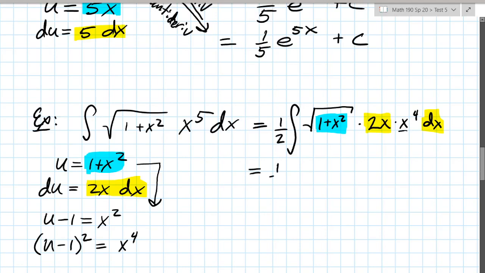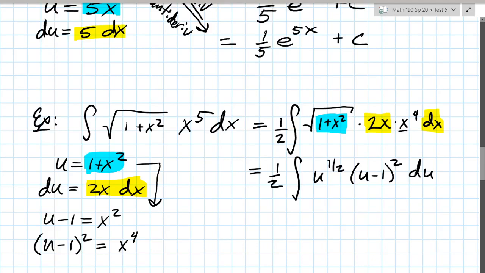This gives us 1/2 the integral of u to the 1/2, the 2x dx, that is part of the du, u minus 1 squared is x to the 4th. So hopefully you see those pieces lining up. Now, this is something I can work with.